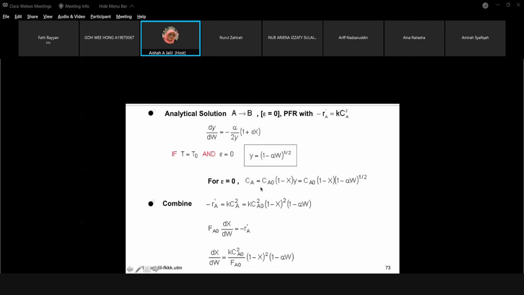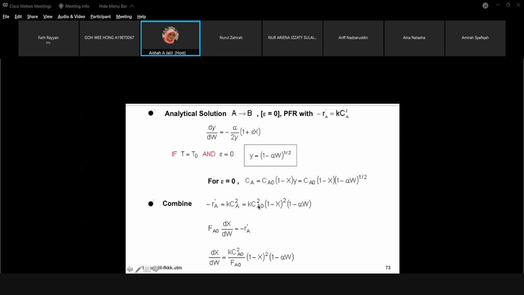So for example, if CA is equal to CA naught 1 minus X times y, P over P naught, just put the y here, become like this, and then combine with this one. This is the example for the kCA power of 2. So this is all power of 2.